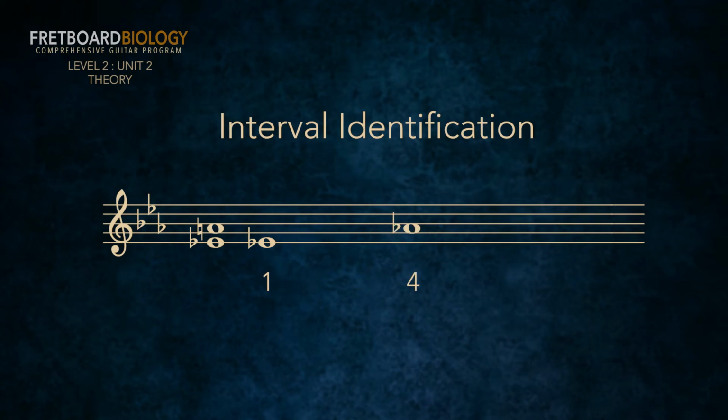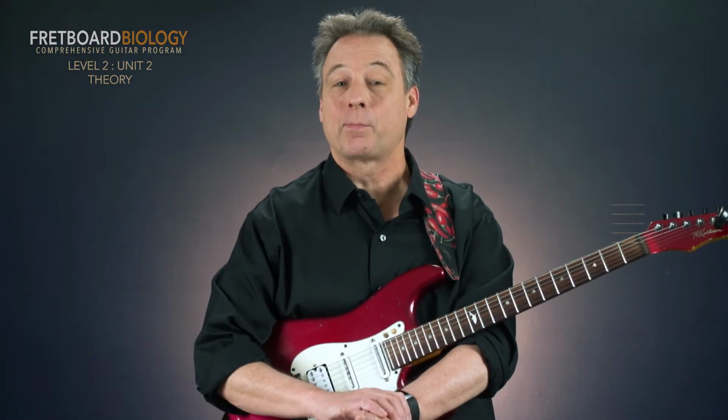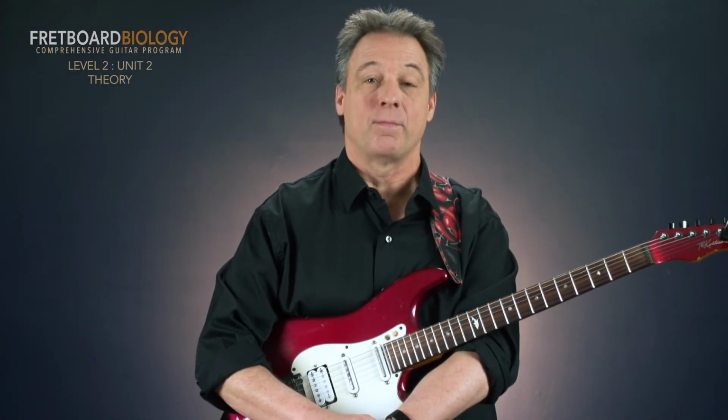We know this because we know our key signatures. We know that E flat to A flat is a perfect fourth, but the interval that we are examining is E flat to A natural. This is a half step larger than the perfect fourth in the E flat major scale. So what is a half step larger than a perfect fourth? An augmented fourth. So you need to practice interval recognition until it's automatic.